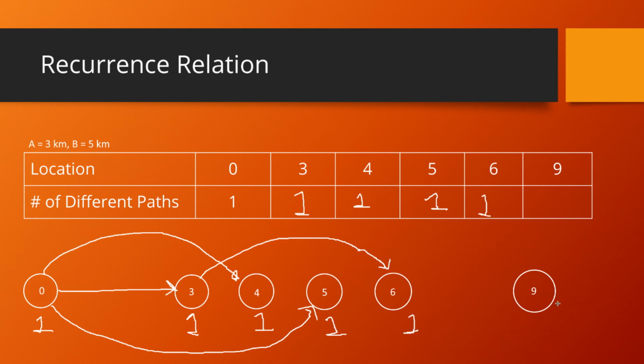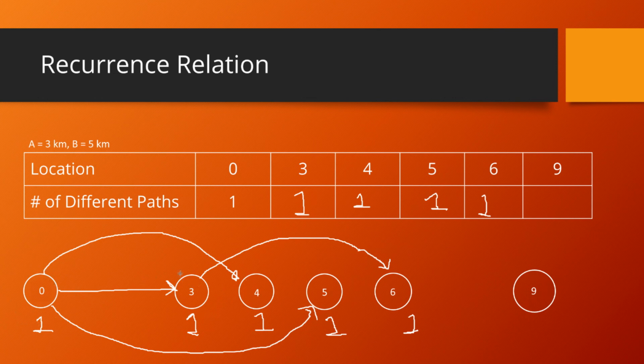Now we are ready to determine our final answer, the number of different paths to get from 0 to 9. We already have all these subproblems, which is the number of different paths to get from each node before 9. We will use this to calculate the number of different paths to get to 9. Look at each previous node. We will check if it is possible to get from the previous node to 9.